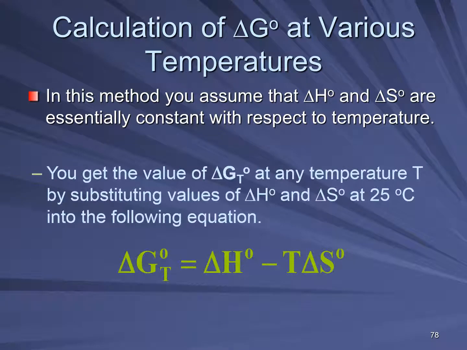So we can find out when a reaction is spontaneous or non-spontaneous at any temperature using this same equation, delta G equals delta H minus T delta S. Because delta H and delta S are really temperature independent, we can use the same values. Now we know that delta G with the little naught means at standard temperature and pressure, but we can also find delta G at other temperatures by using this equation.